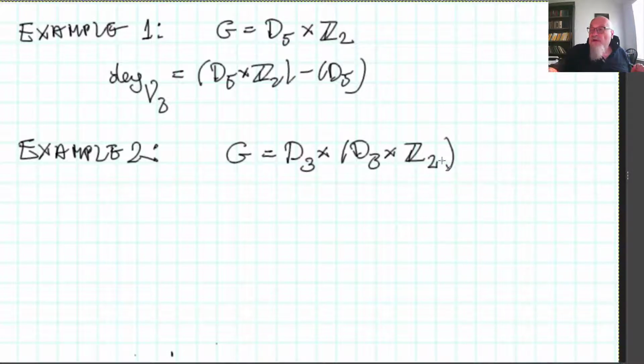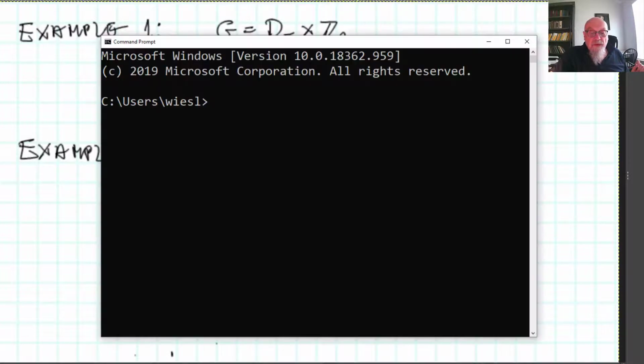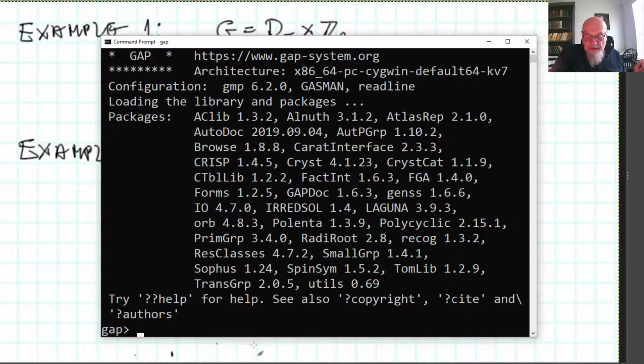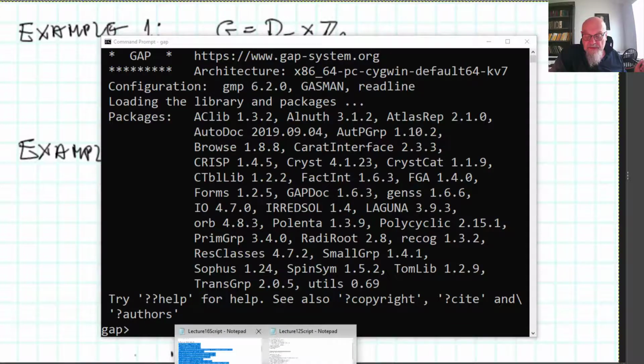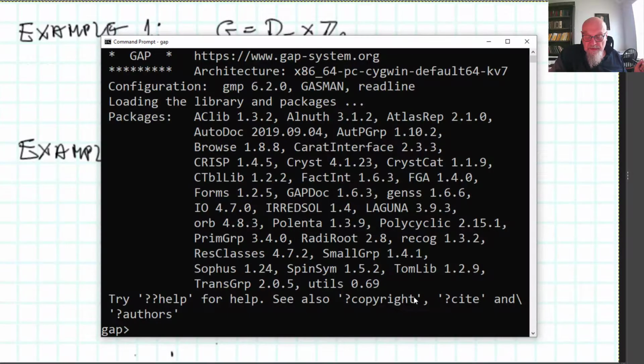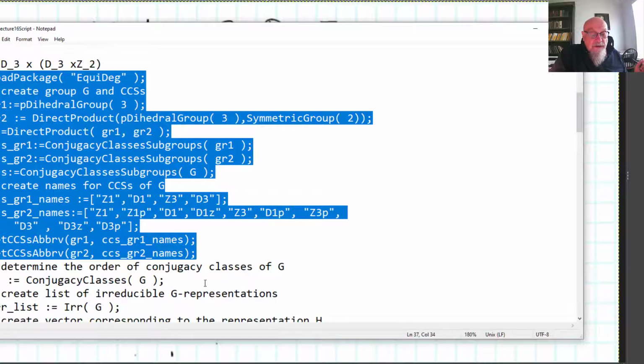So let me look at the script. Let's start GAP again, and let's introduce this group into GAP. So where's my script? That's not the one. Let me close it. Oh, here. This is the script.